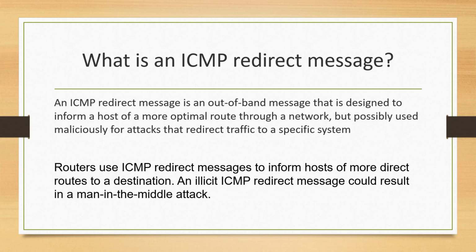For example, user A wants to send a packet to user B, and it will go through router C. If you send an ICMP redirect to user A, it will actually change the routing table on the user's device. So it will change the route.